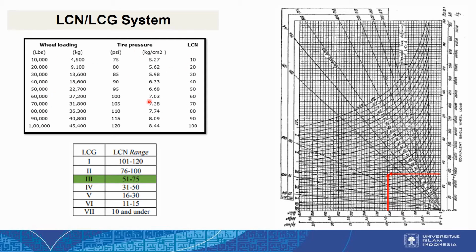For the LCG or the load classification group, which divides the LCN range into 7 groups, this is LCG1 for the LCN range from 101 to 120, and LCG2 is for the LCN range from 76 to 100, and this is LCG3 for the LCN range from 51 to 75, and so on.